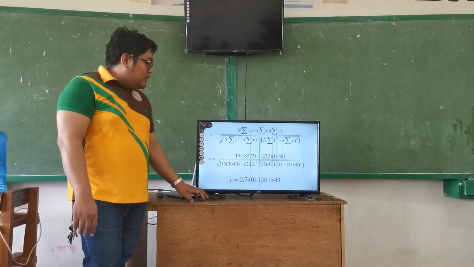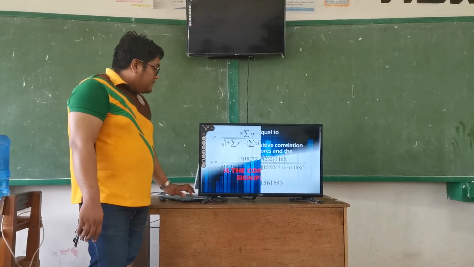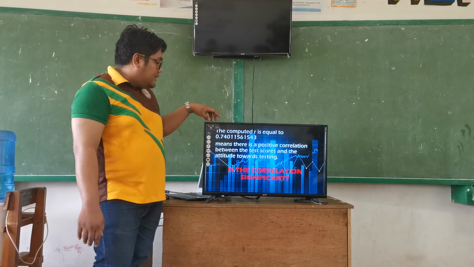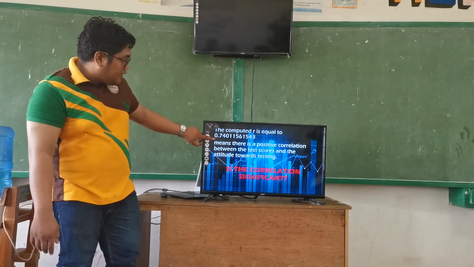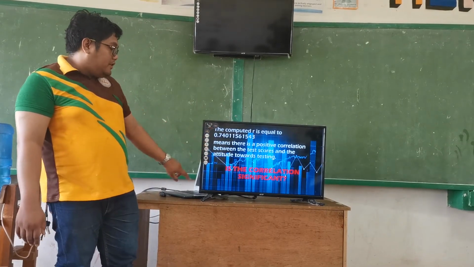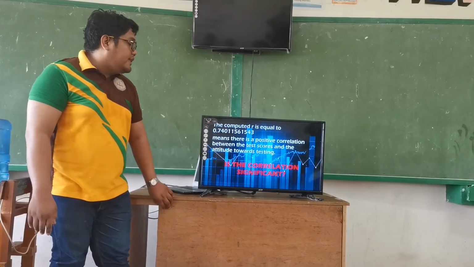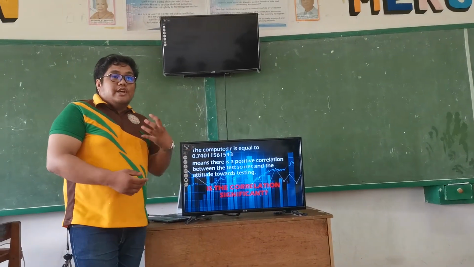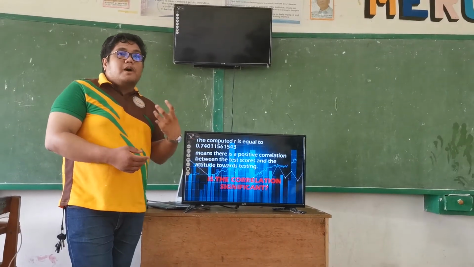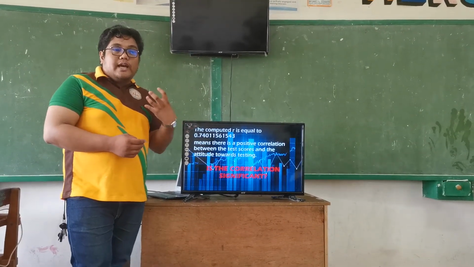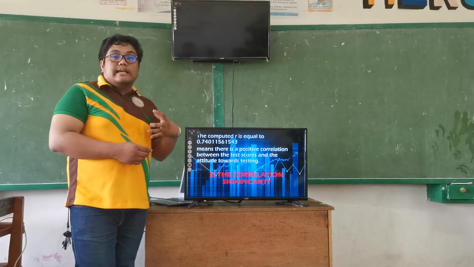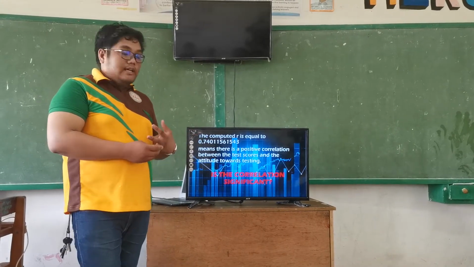This value is between negative 1 and positive 1, which indicates a positive correlation because the value that you get is positive. So the computed r, as we have mentioned earlier, means there is a positive correlation between the test scores and the attitude towards testing. So if you have a higher score in attitude towards testing, most probably your scores in the test would be higher as well.